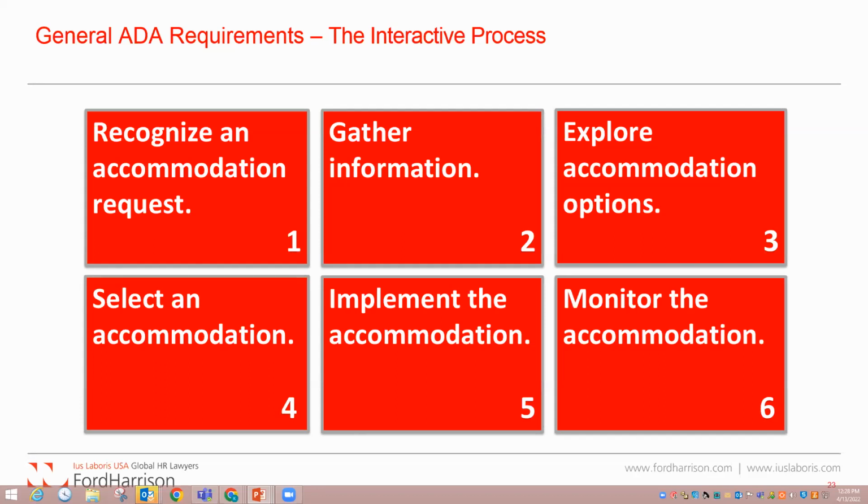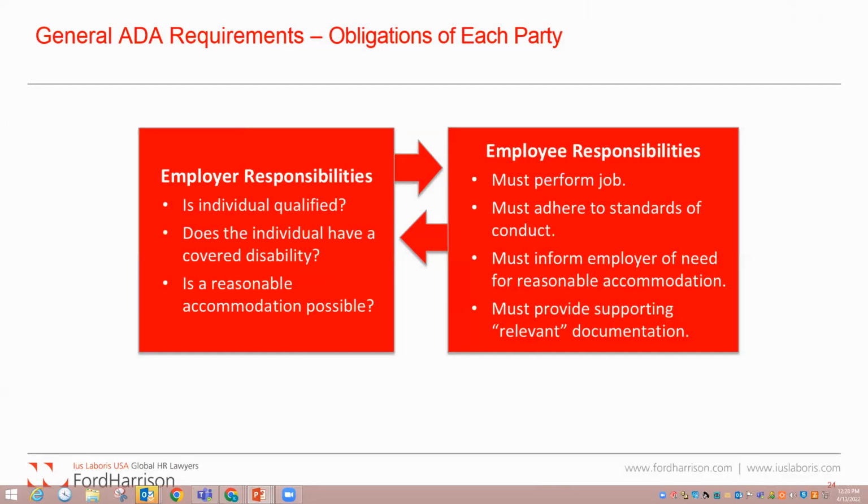Anything like that, just knowing that the employee has a limitation, getting information about the limitations or restrictions and how long they'll be in place, talking about possible accommodations, implementing it, and making sure that the accommodation you've provided is working, that the employee is fulfilling his or her job requirements, and hopefully that all does work out. The employer responsibilities, of course, are to determine if the employee is qualified.